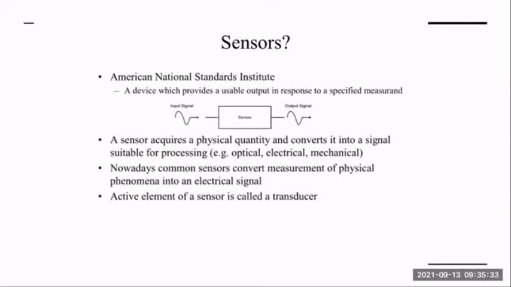What else? We also have light sensors, for example, in our street lights, which automatically turn on during the night and automatically turn off in the morning. Usually there is an optical sensor in there that is detecting light.